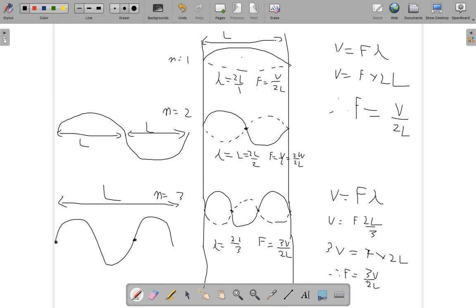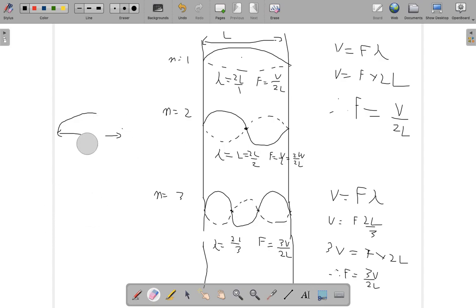Now looking at all of this, there's a clear pattern for the frequency and the wavelength of any harmonic. Let me just get rid of this at the side. Now we can come up with the relationship that in case of a standing wave, its wavelength will always be equal to 2L over n, where n is the harmonic number.